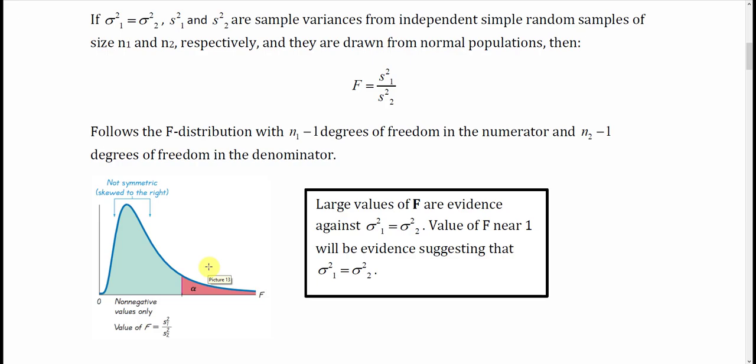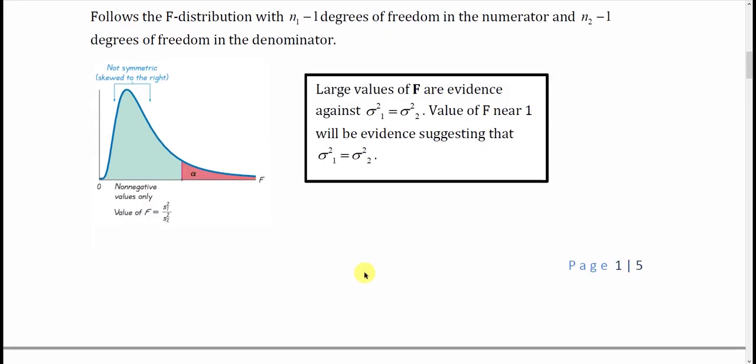And when we get a value for the F statistic near 1, that means the two sample variances are almost equal, which is evidence suggesting that the population 1 variance and the population 2 variance are the same.